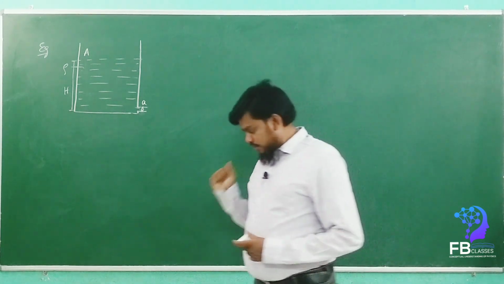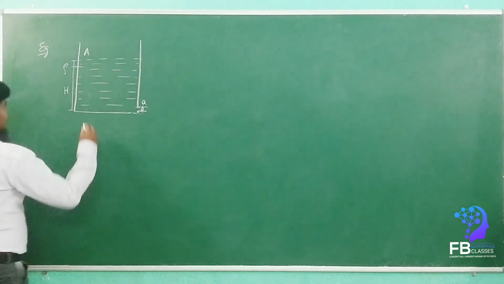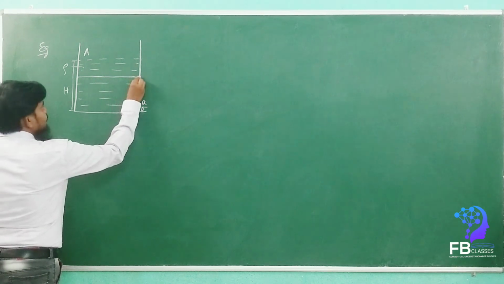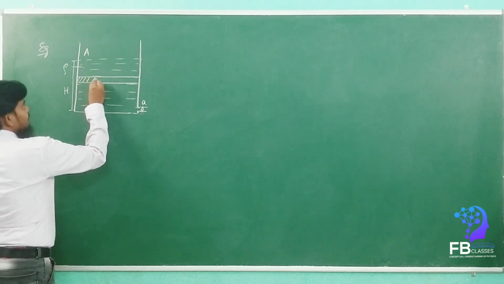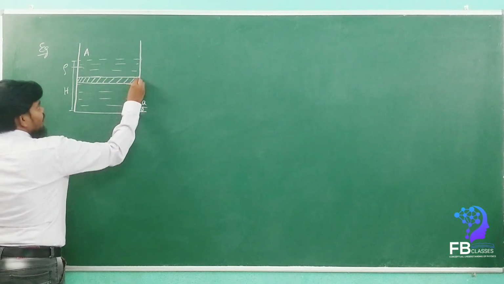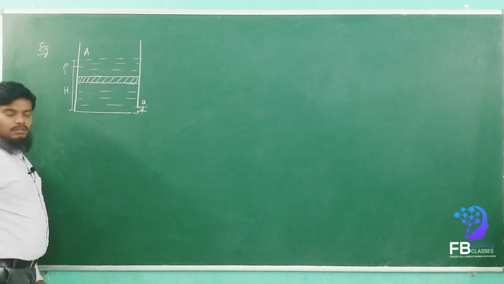That time function we derived like this: in a dt time, this much volume comes out from the orifice.